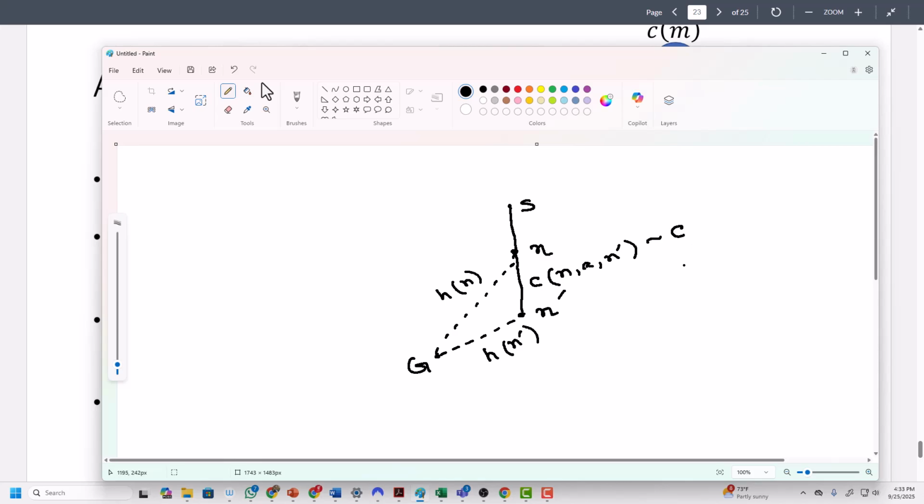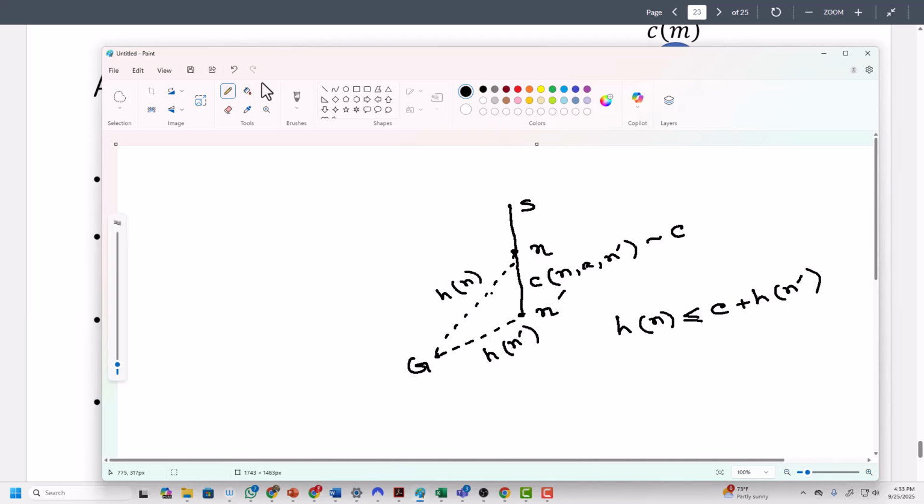So we are saying h of n is always upper bounded by c plus h of n prime. This is called the triangle inequality.